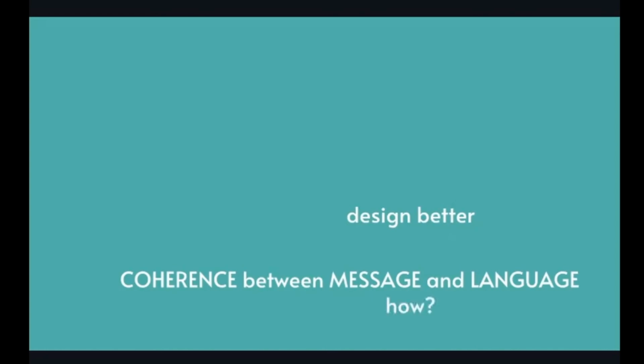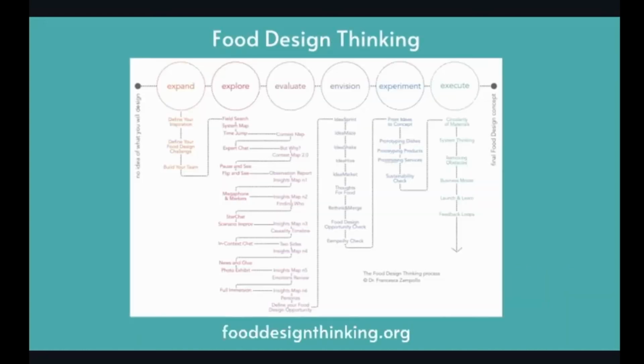But now maybe the question becomes, how do I design for cohesiveness, right? Thank you for telling me I should design for cohesiveness, but how do I do it? Well, that's a very long answer that could take hours, but the short one is the food design thinking process that I created. I called it food design thinking.